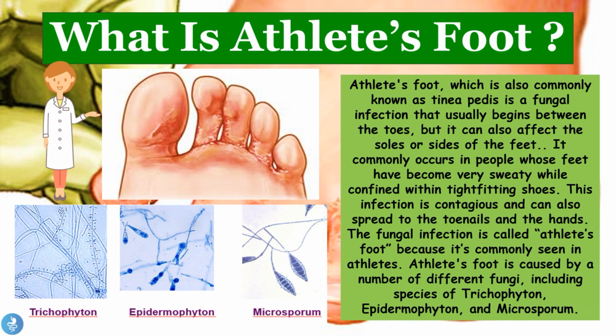There are a number of different fungi that contribute to the development of athlete's foot, and the three most common ones are trichophyton, epidermophyton, and microsporum. So now that we know the basics of athlete's foot, let's take a closer look at how one can contract this disease.